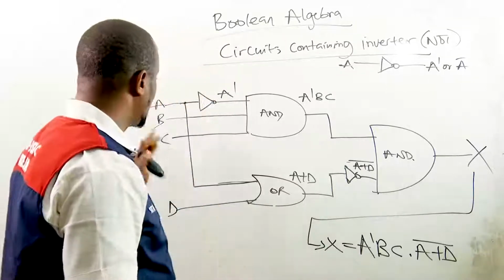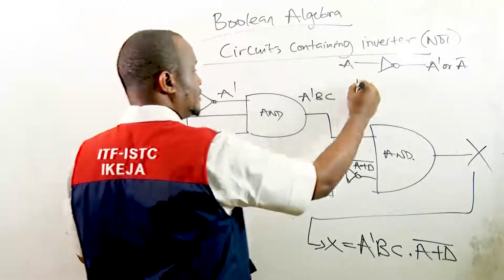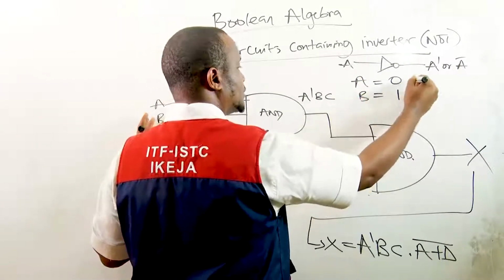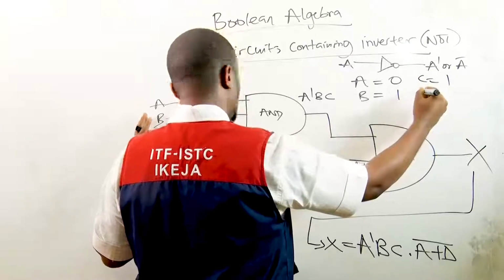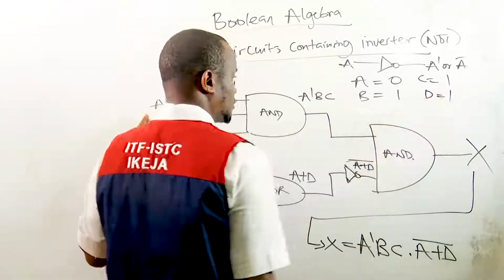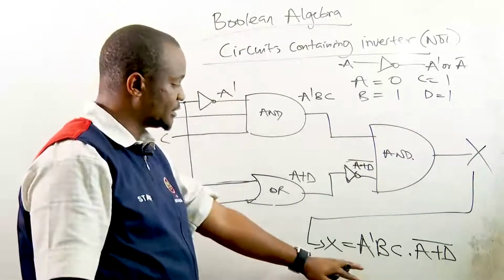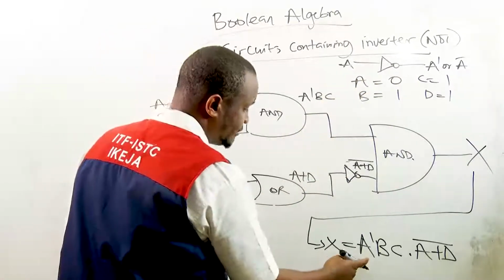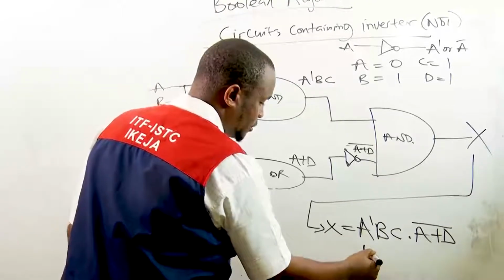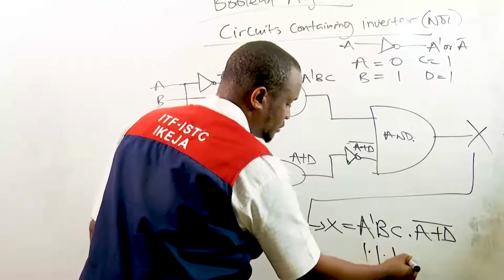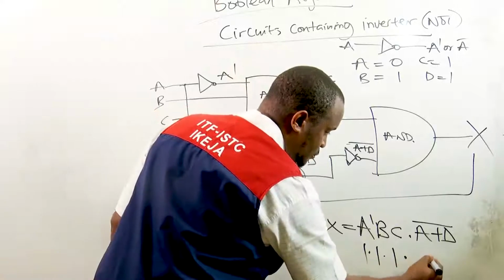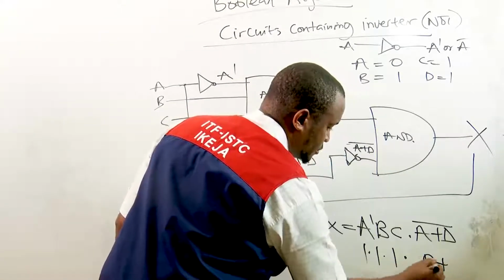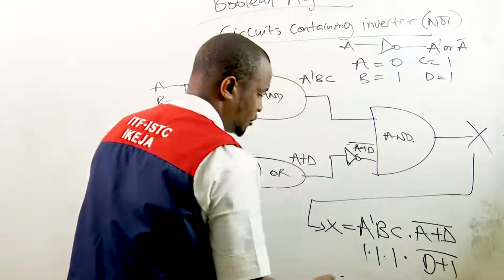expressed. So when you are given the values, A could be 0, B could be 1, C could be 1, and D could be 1 also. So you just put it inside here. Having that A is 0, being inverted, you have 1, dot B 1, C 1, and then A is what? 0 plus 1, all inverted.